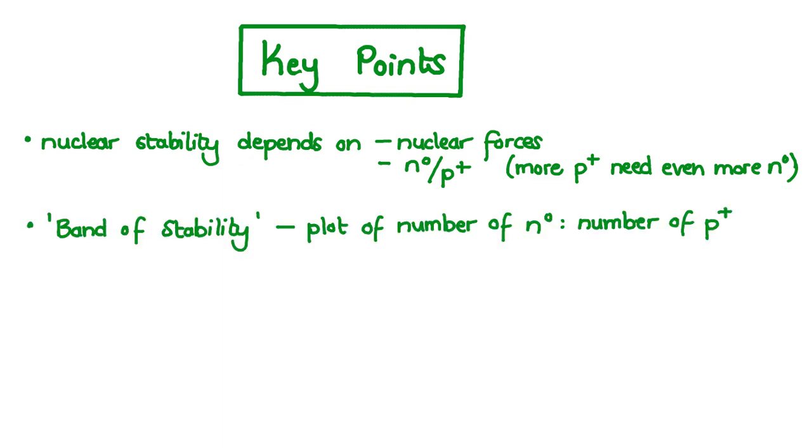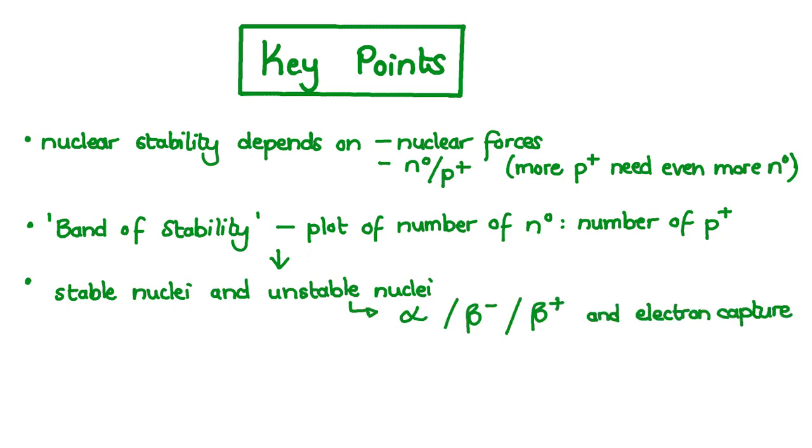We looked at this graphically at a special plot called the band of stability, which shows the number of neutrons versus the number of protons in stable nuclei. The plot helped us determine stable nuclei versus unstable nuclei, and the different areas on the plot help us to determine whether unstable nuclei will undergo alpha, beta or positron emission or electron capture to improve stability.